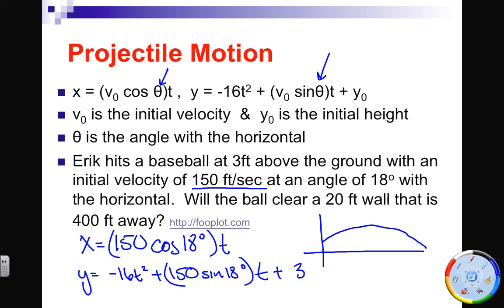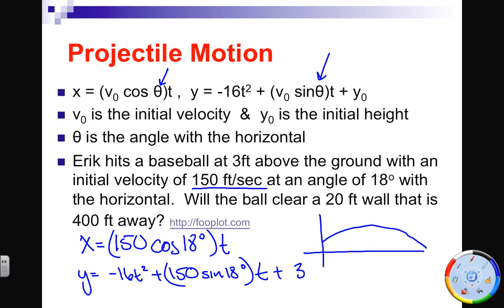I change my t min from 0, t max to, let's go 5 just to be safe. T step of 0.1. And here's where you got to change your x min, x max. Well, x min, that's a horizontal distance. So I'm going to start at 0.